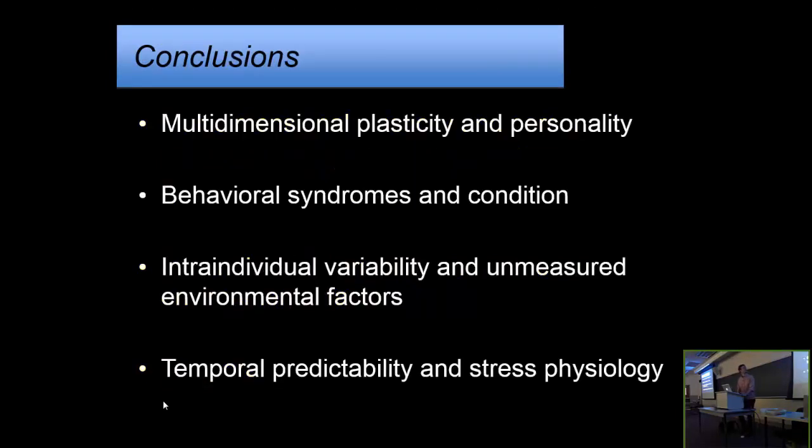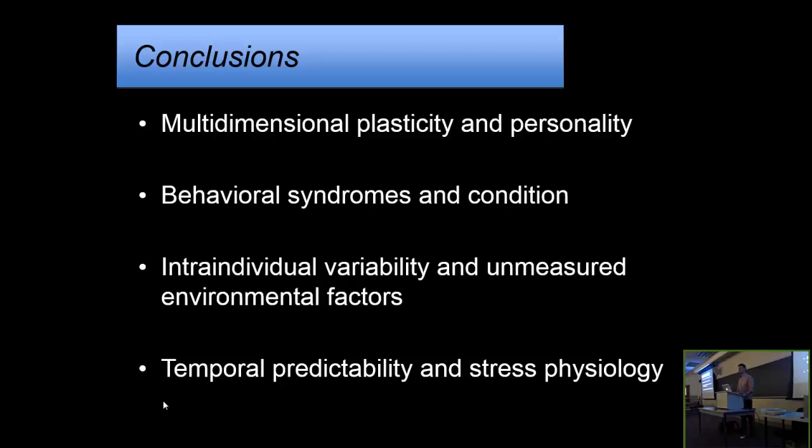All right, so as far as conclusions, I looked at multidimensional plasticity and personality in ground squirrels and found significant interactive effects showing that the combination of environmental variables really seemed to matter, but also that those responses showed consistent individual differences.